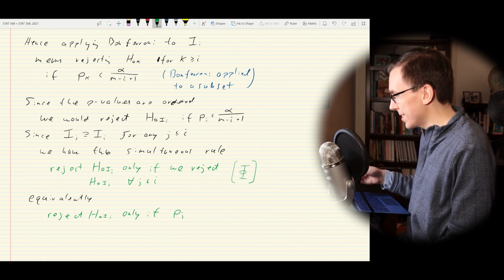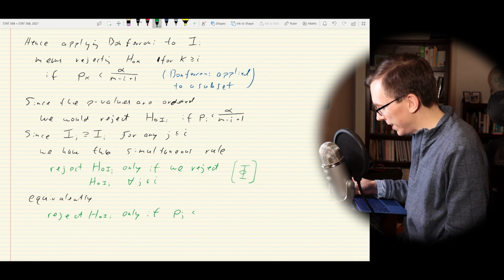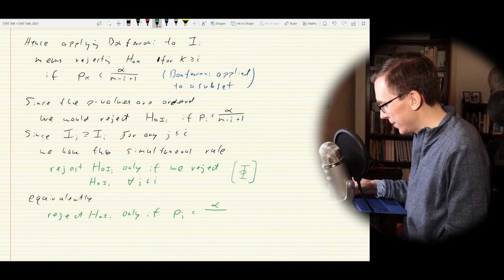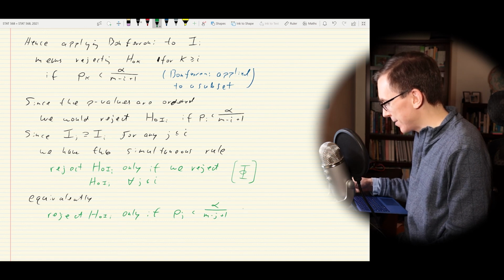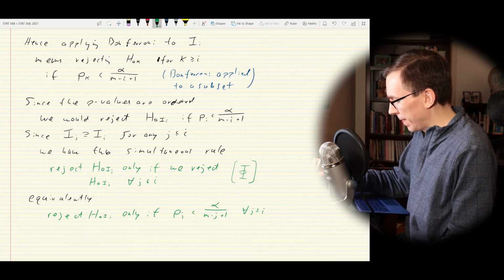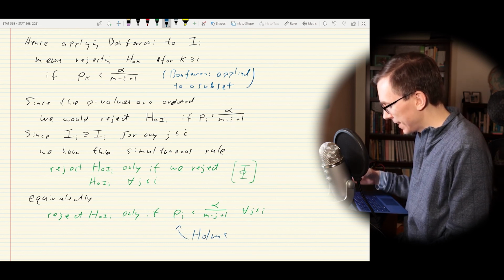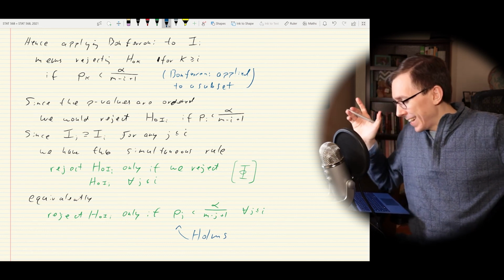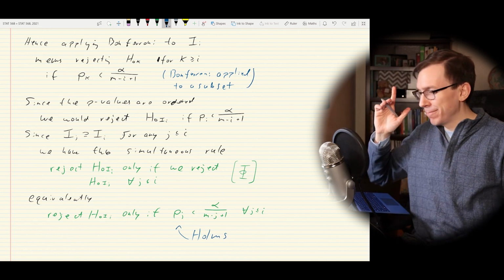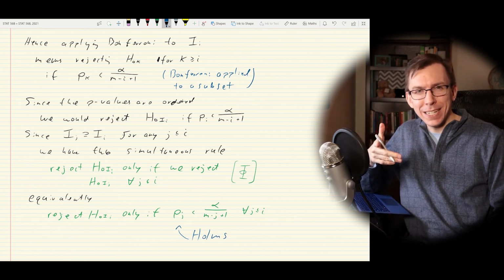Well, we'd reject H naught I sub j if Pj is less than alpha over m minus j plus 1. And this is for all j less than or equal to I. And this is Holm's method. Okay.